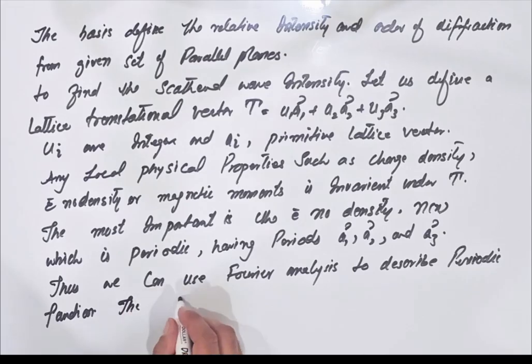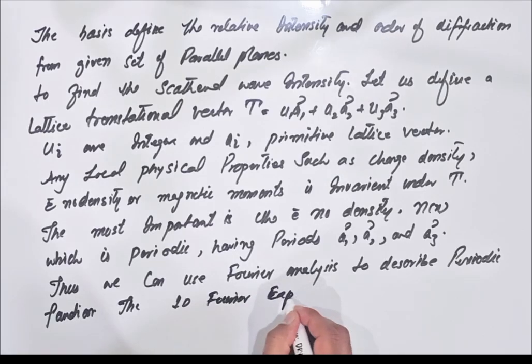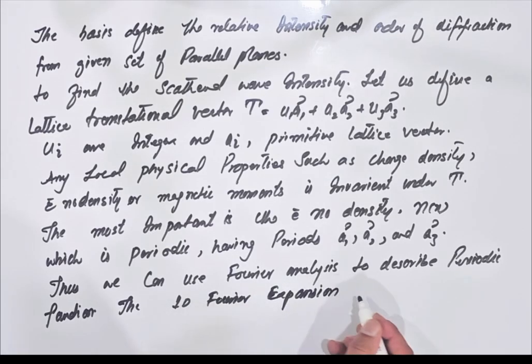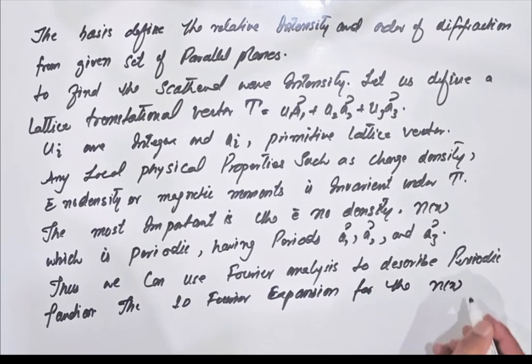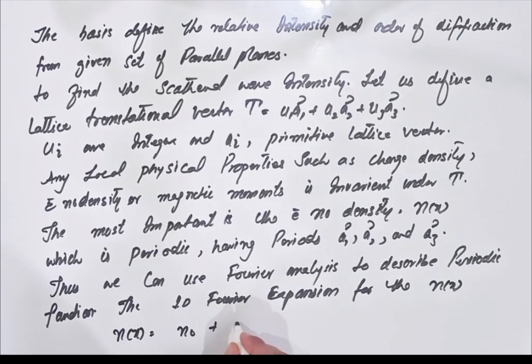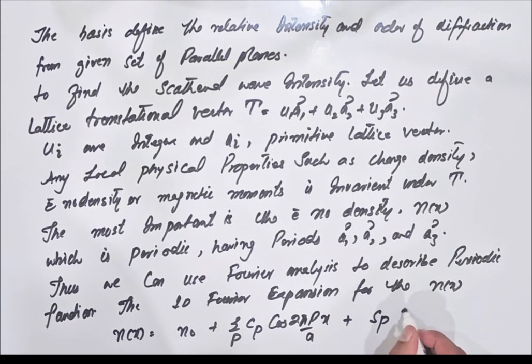The one dimension Fourier expansion for n(x) is n naught plus summation over p of cp cos 2 pi p x divided by a plus sp sine 2 pi p x divided by a.